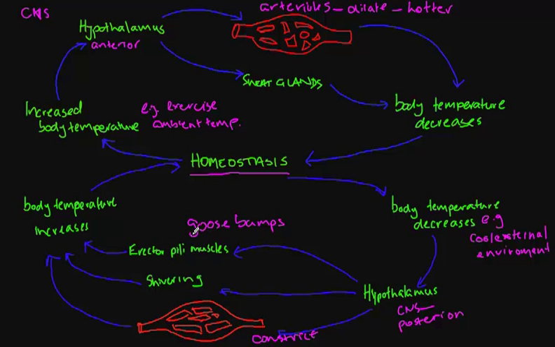As the hair is standing upright, it traps more heat, helps to insulate the body and helps to reduce heat loss by convection and radiation. These things working together, and in many cases simultaneously, help the body temperature to increase and homeostasis to be reinstated.